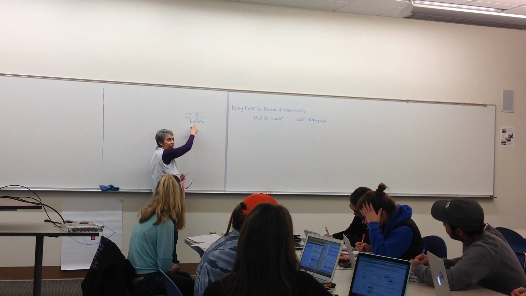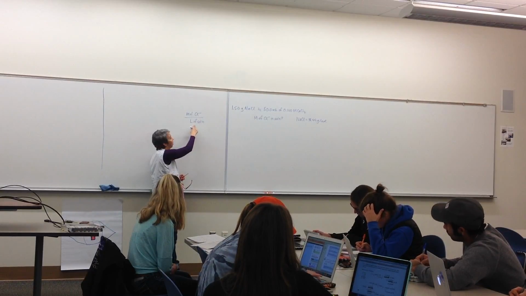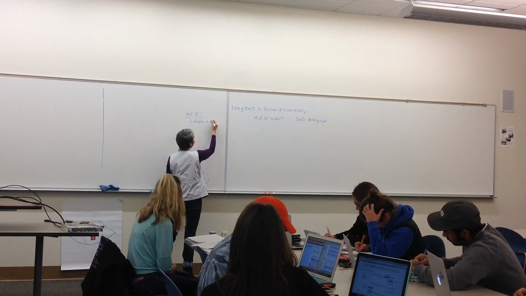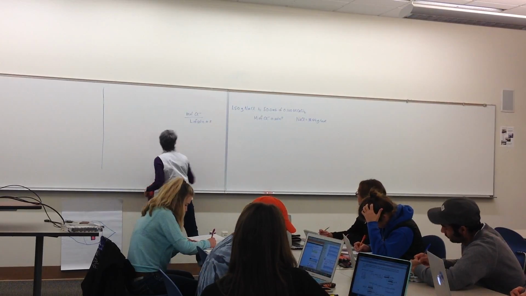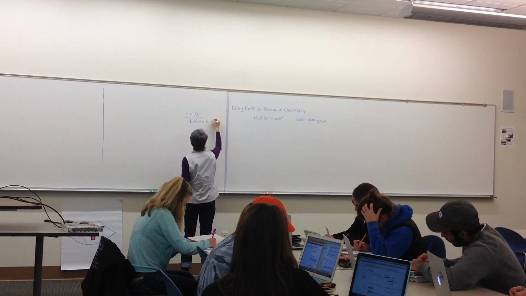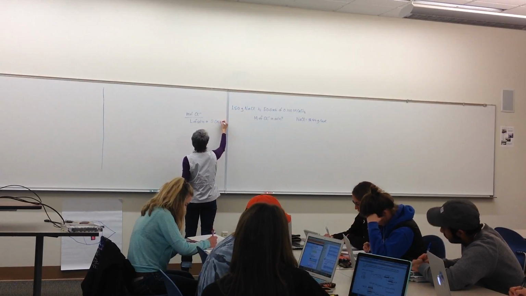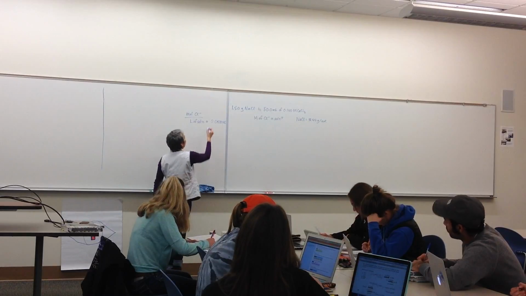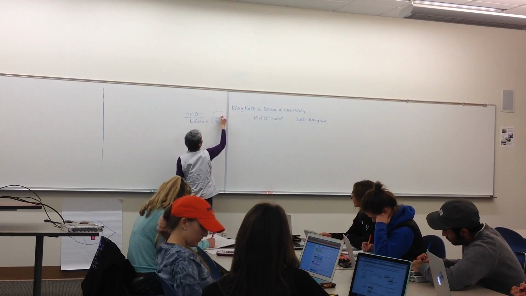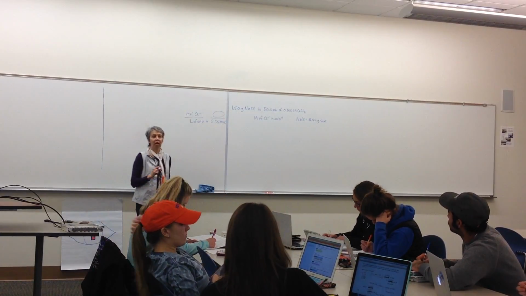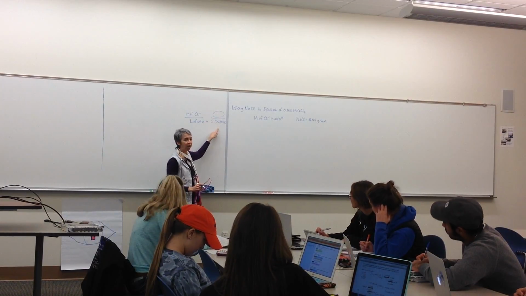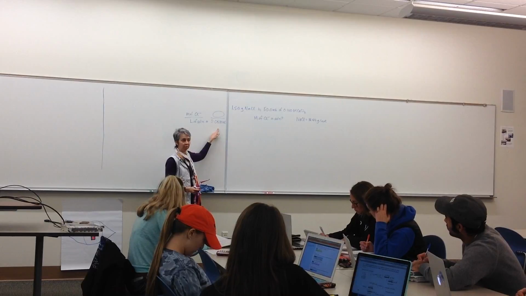Yeah, 50 milliliters. I'm just going to change it to liters. What we need to put in is how many moles of chloride are in there. If we can put the moles of chloride in and divide by our volume, then we'll get the molarity.